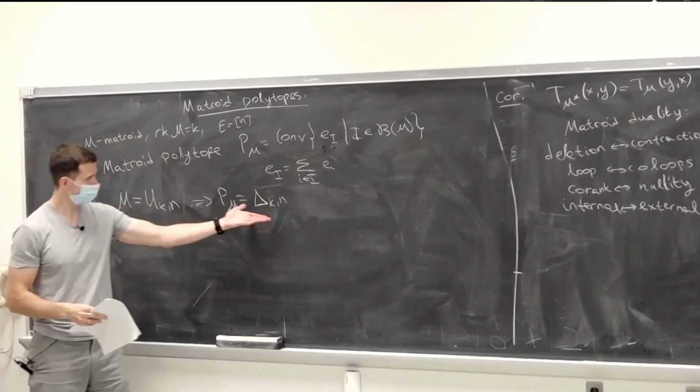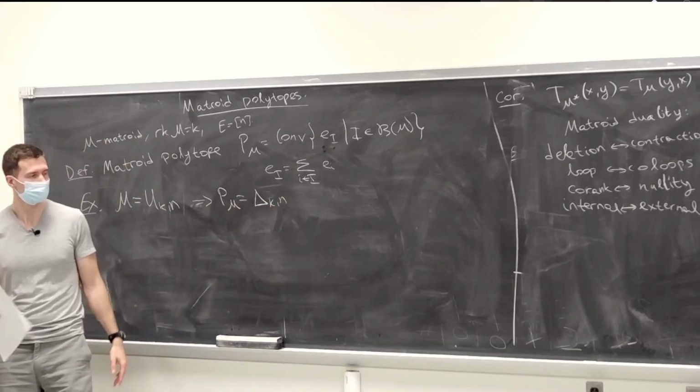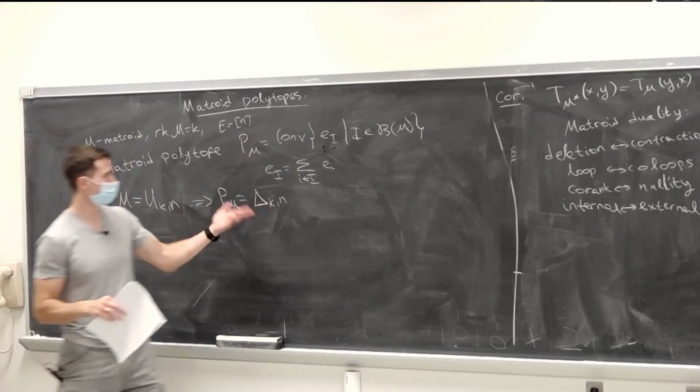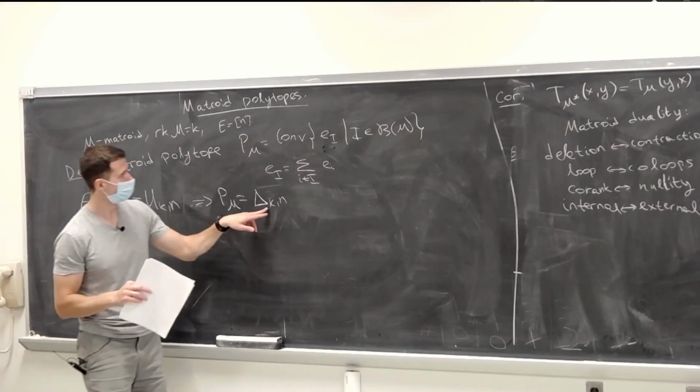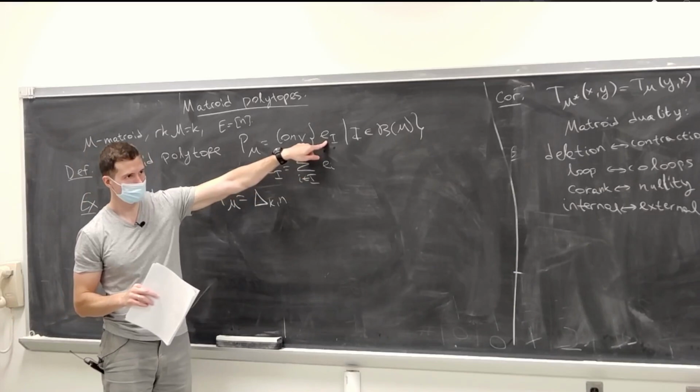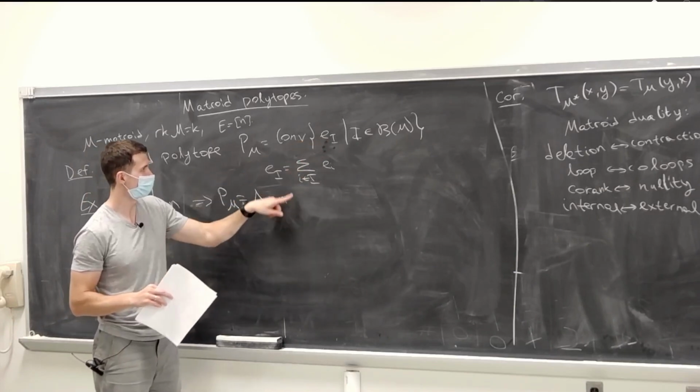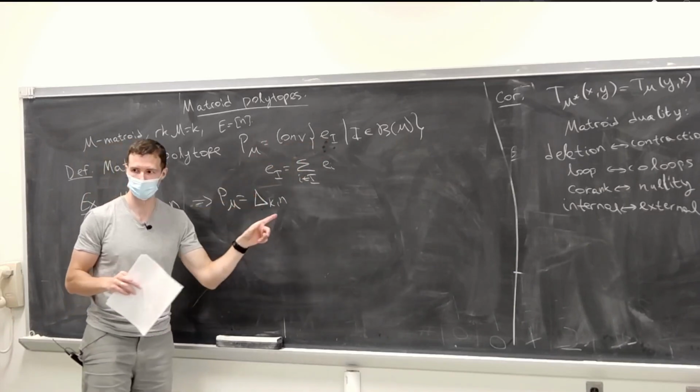Right, just by definition, this is the convex hull of all 0,1 vectors with k ones. In particular, all these points are vertices of some polytope.